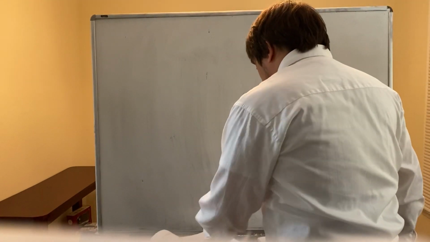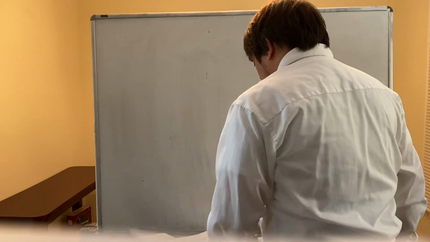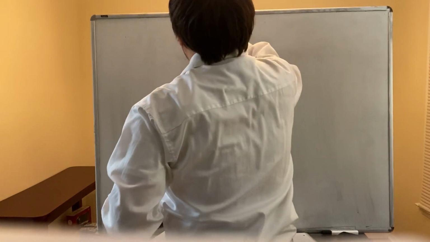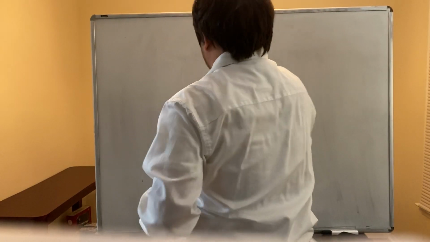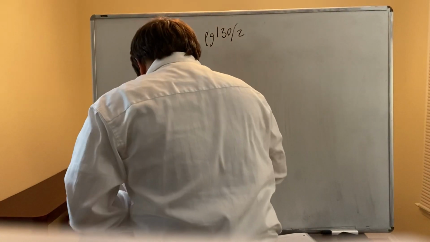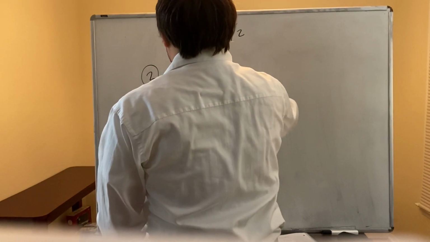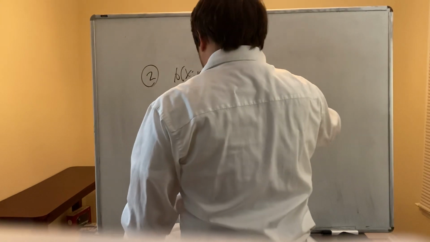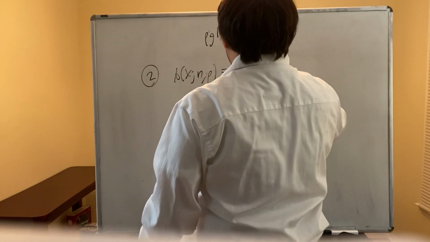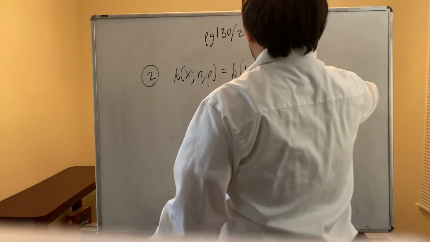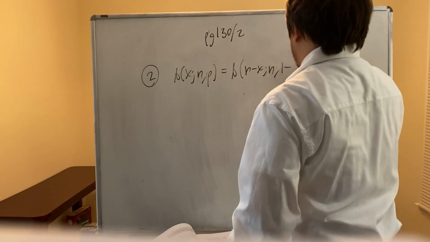Okay, so page 130, number 2. Prove that b of x, n, p is equal to b of n minus x, n, 1 minus p.